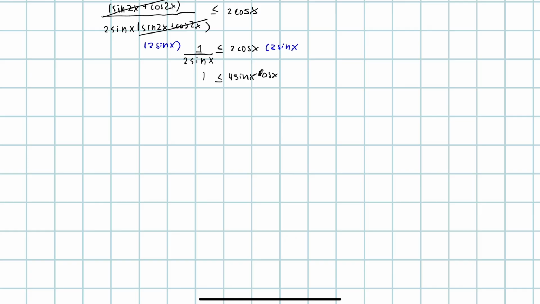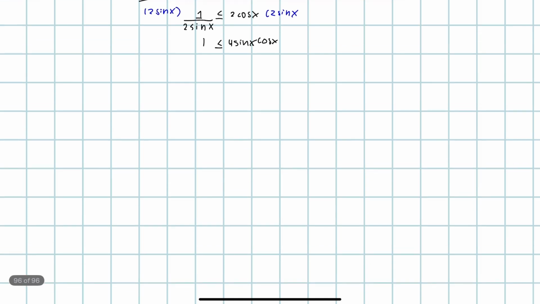Now after this, we can simplify this down to sine of 2x is less than or equal to 1/2, and we know that 1/2 is equal to sine of pi over 6.